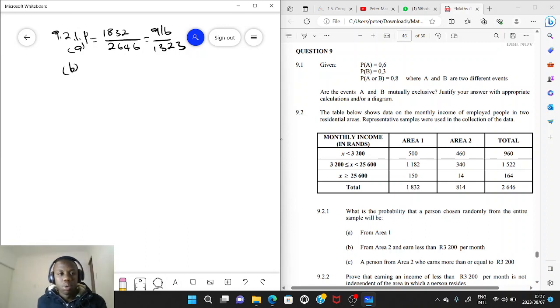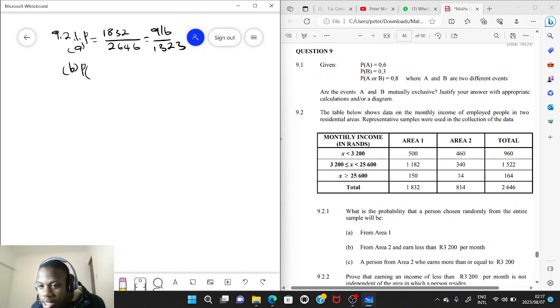So at B, we are looking for the probability of a person residing in area 2, but that person must earn less than 3.2 per month. So this is area 2, but we are not considering the whole area 2. We are looking for a person who's earning less than 3.2.